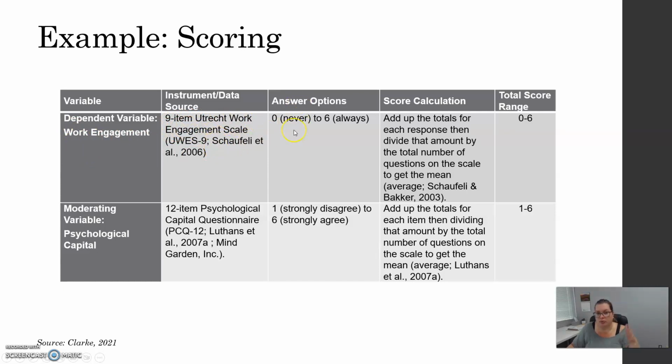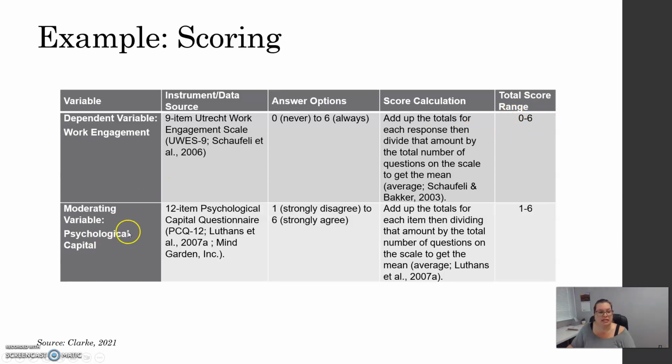The answer options were 0, which equaled never, all the way up to 6, which equaled always. How was the score calculated? It was a mean score, so I explained the totals for each response would be divided by the total number of questions. And then these were the possible ranges of scores that respondents could get.